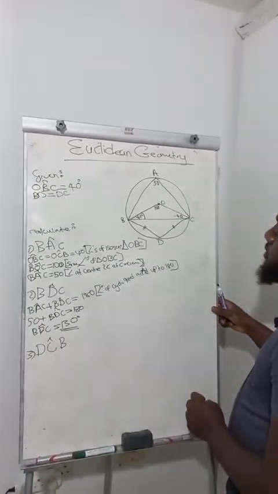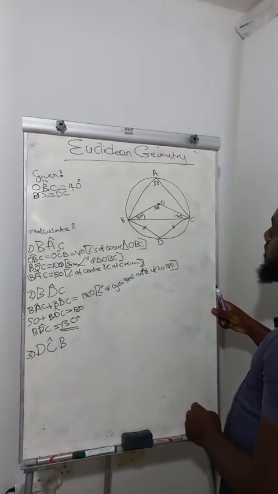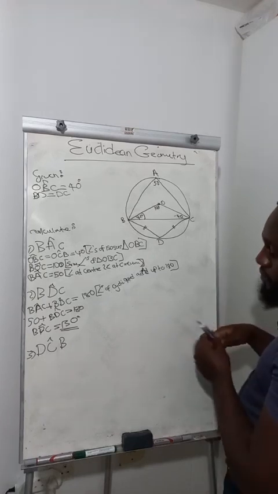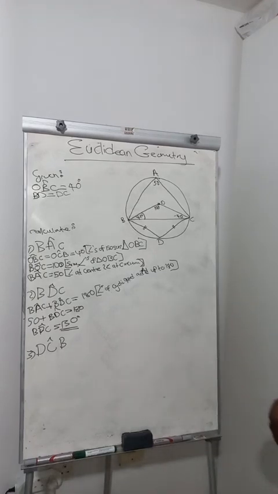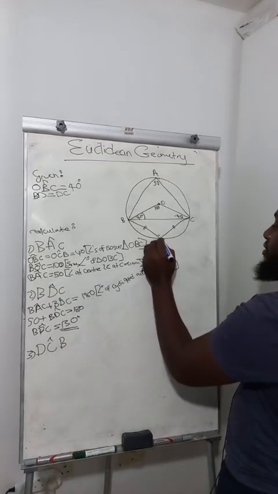Then let's move past that. DCB. Where is DCB? Where is B now? Okay. What do you have to do now? Here we have 130.